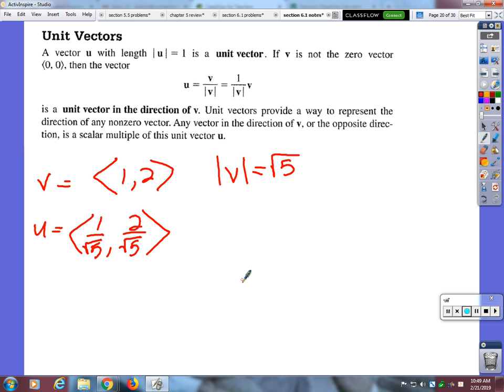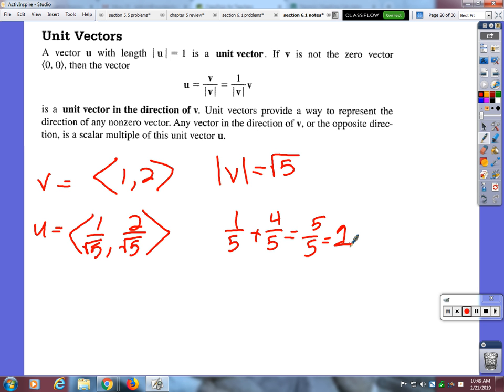If I went to find the magnitude of that vector, this squared is 1/5 plus this squared is 4/5. 1/5 plus 4/5 is 5/5, which is 1, and the square root of 1 is 1. So this vector will have a magnitude of 1.